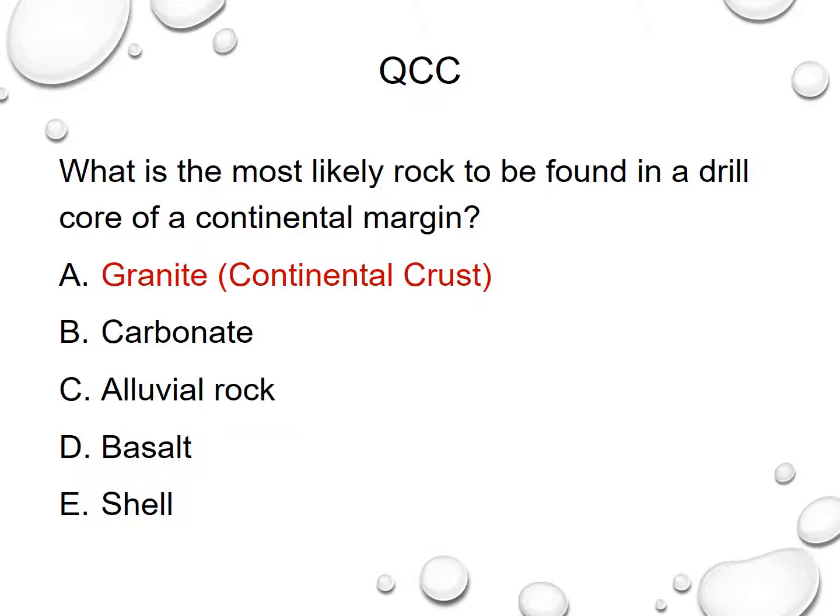So if you drill into a continental margin and you pull up a sediment core, the rock that you're bringing up in that core is most likely granite, continental crust, because you're on the continental margin. And this concludes our second topic of this chapter.